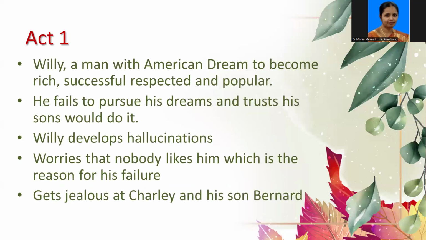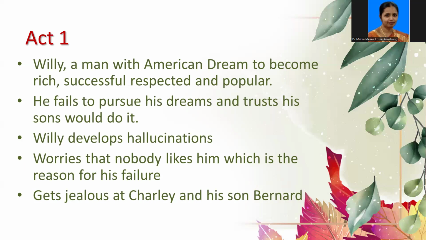Let us recall. So in Act 1, Willie is a man with the American dream, that is to become very rich and successful, a respected person and being popular. But at last he fails to pursue his dreams, and he trusts his sons would do it. Willie develops hallucinations and he worries that nobody likes him, which is the reason for his failure.